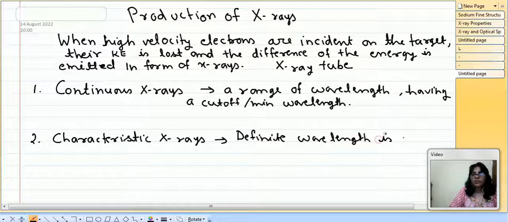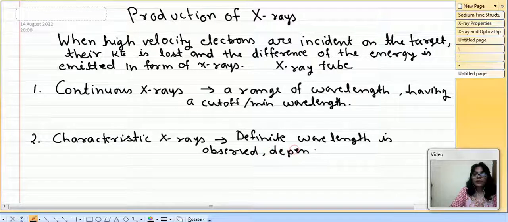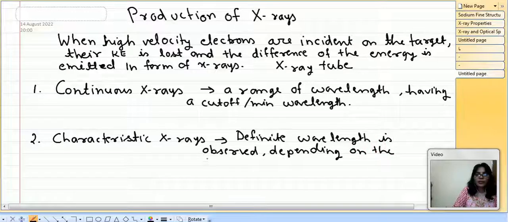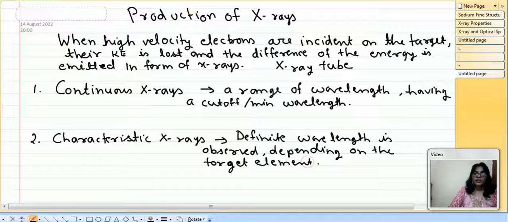Definite wavelength is observed or produced depending on the target element. If we replace the given target element with another target element, then these characteristic wavelengths will change, and therefore it is known as characteristic because they are characteristics of the element used as a target.